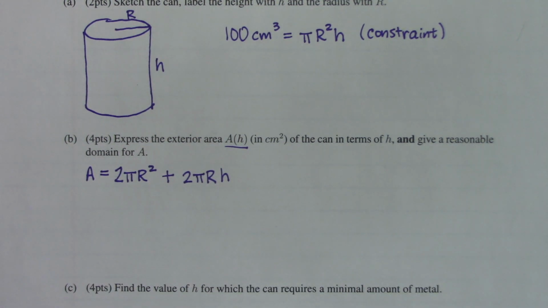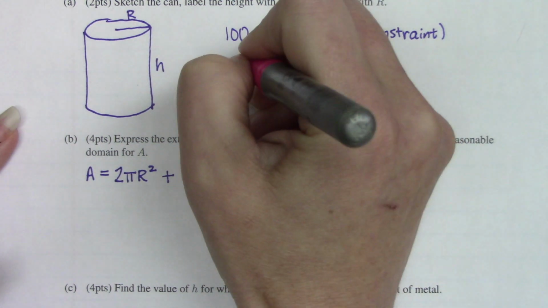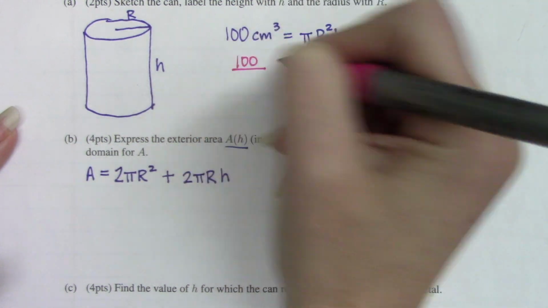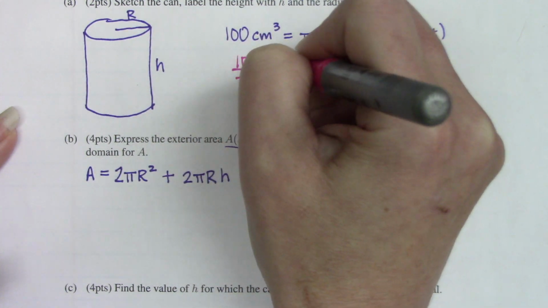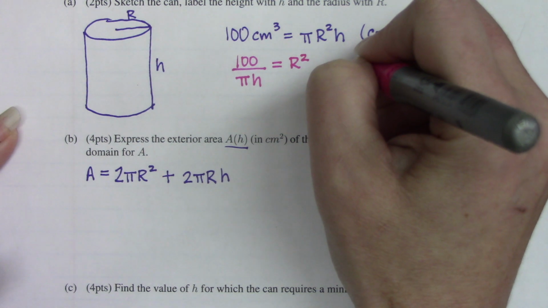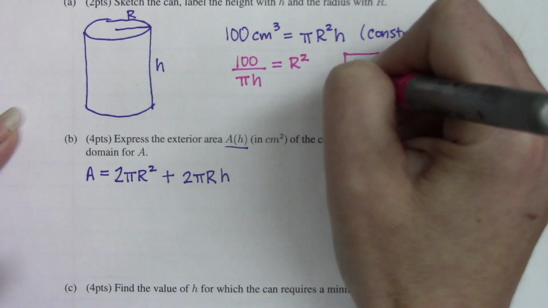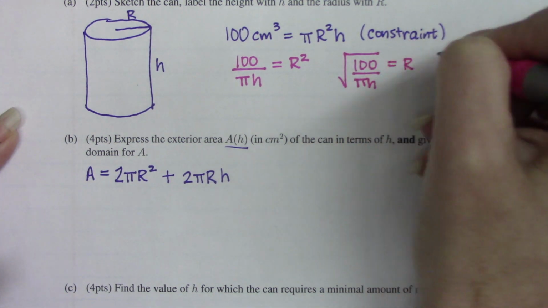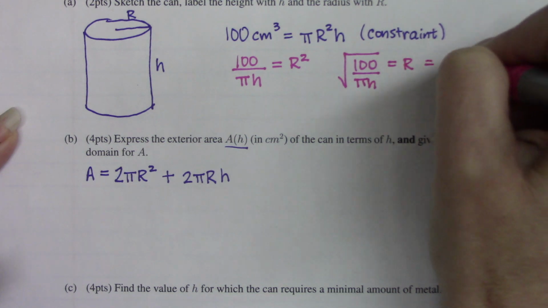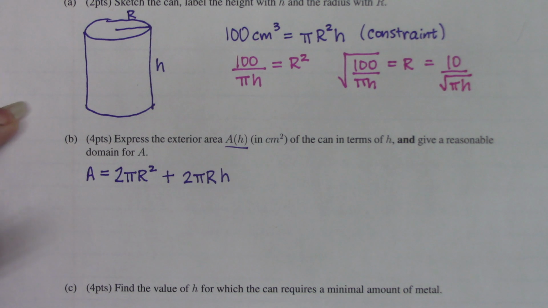Solving this for r, I'm going to move everything that's not an r over to this side. So 100 divided by pi h equals r squared, and the square root of 100 divided by pi h equals r. And since the square root of 100 is 10, we can simplify it like so.